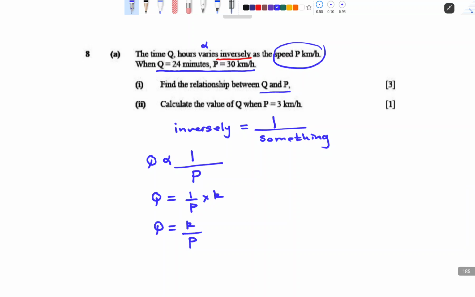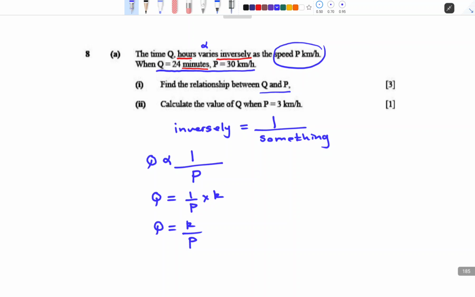But in this case, I want you to notice something, class. The introduction of the question is saying that Q is representing the time in hours. But in line 2, we are given Q as 24 minutes, yet Q is representing the time in hours. So you have to be very careful when substituting the value of Q, because if you substitute Q as 24, the formula or the relationship is going to read 24 hours instead of 24 minutes.